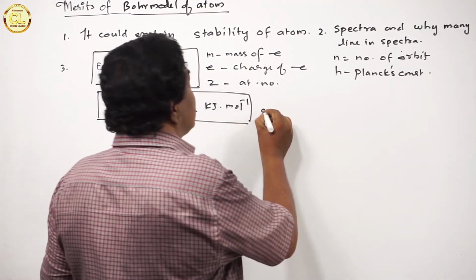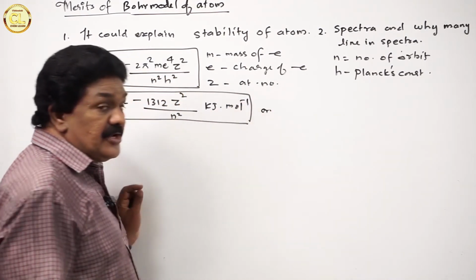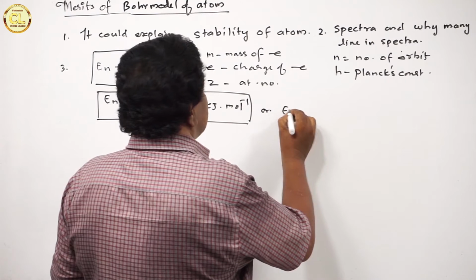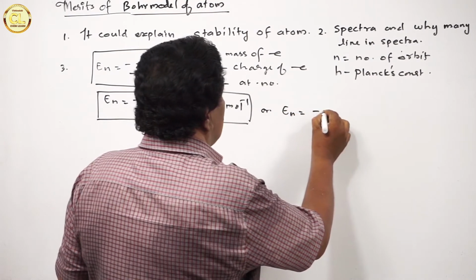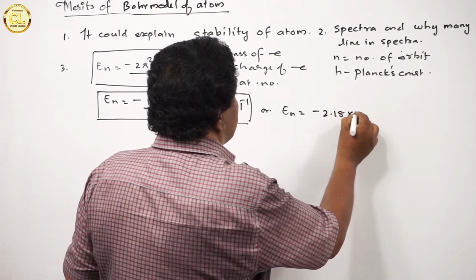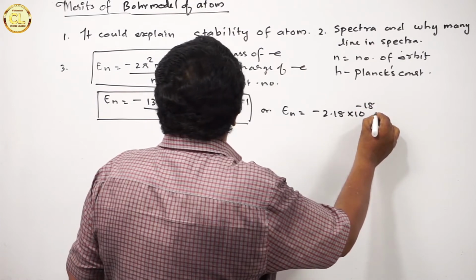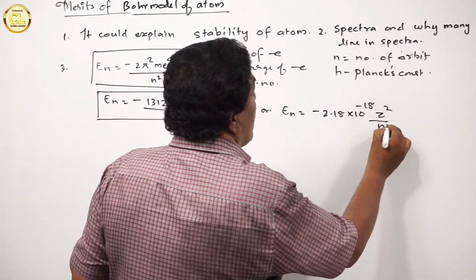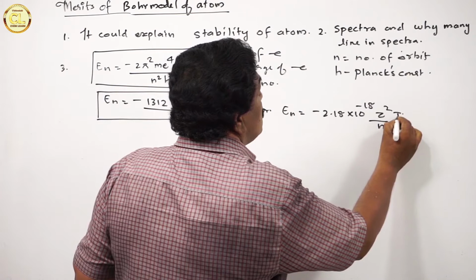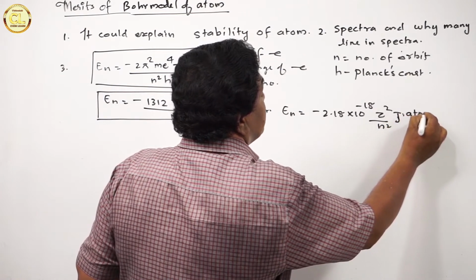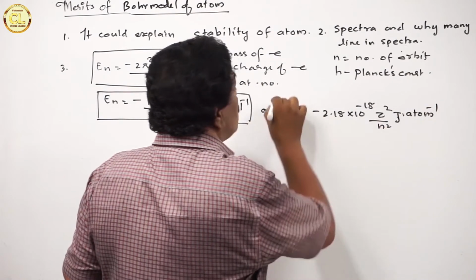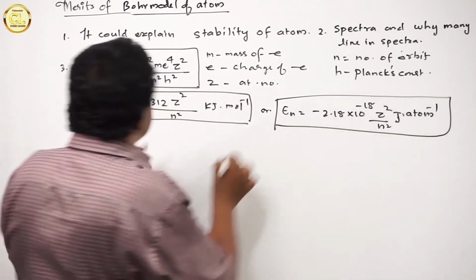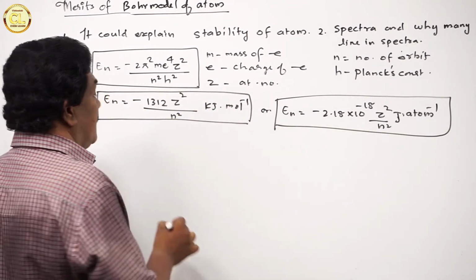See, this energy value can also be expressed in other units, that is, En is equal to minus 2.18 into 10 raised to minus 18 Z square by n square joules per atom. See, this is in joule per atom and this is in kilojoule per mole.